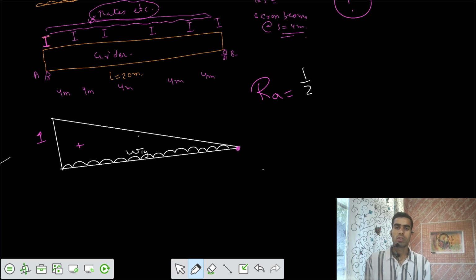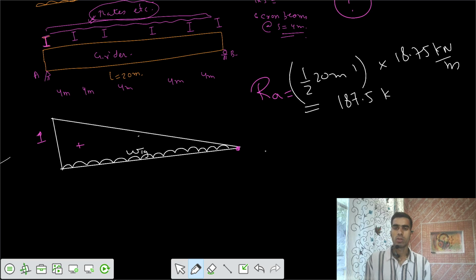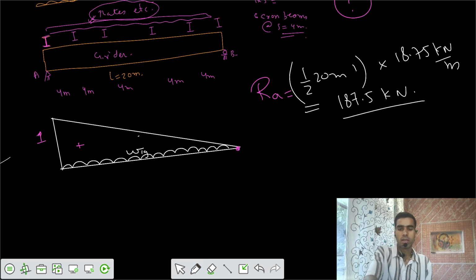That equals the area under the UDL: 1 by 2, length of 20 meter, ordinate of 1, into UDL intensity of 18.75 kilonewton per meter, and I get the reaction A, that's 187.5 kilonewton. That's the reaction A.